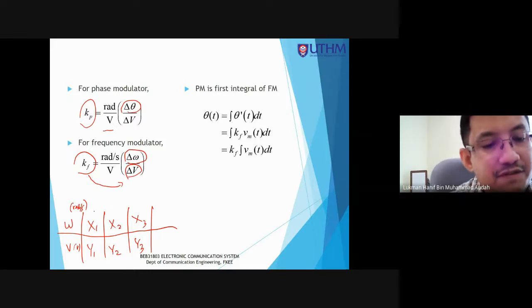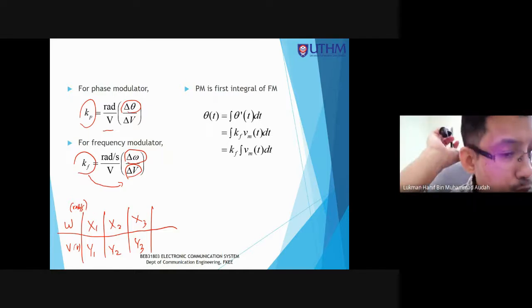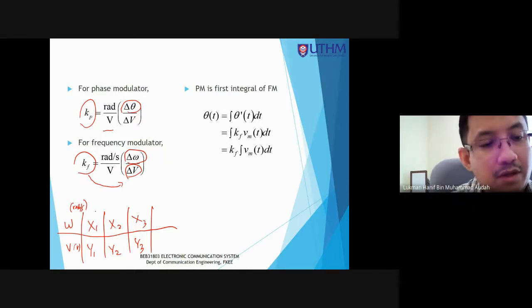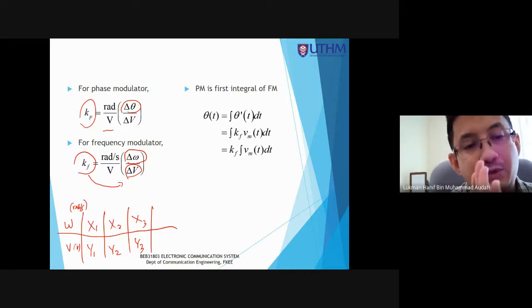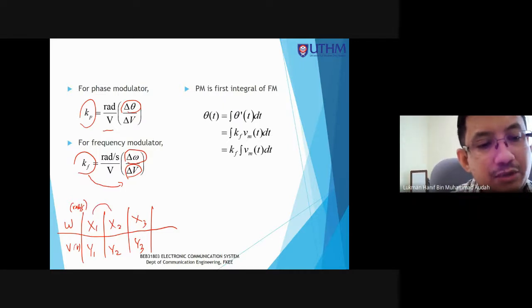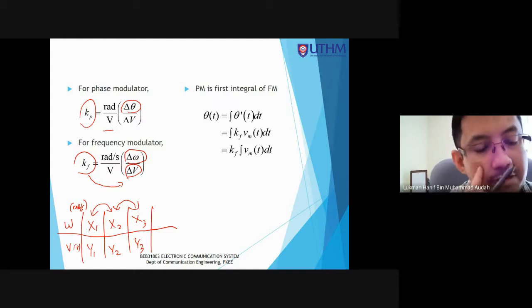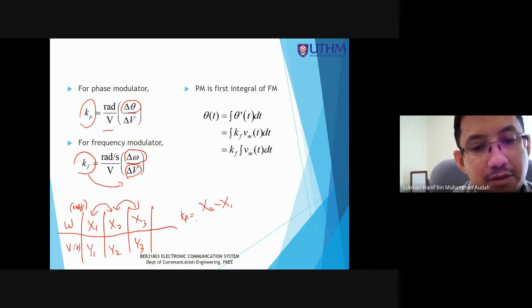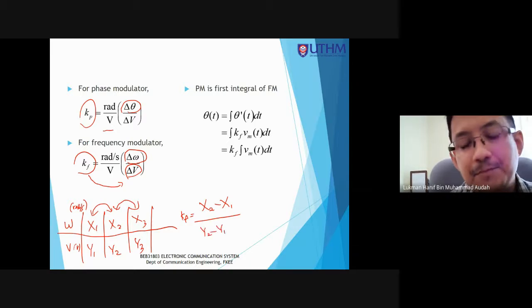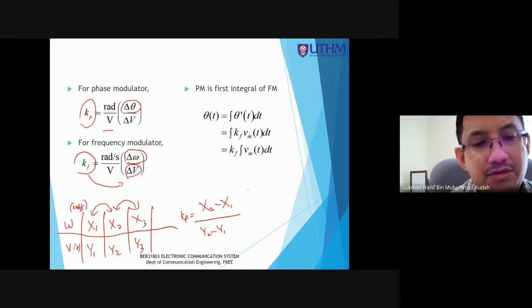That means you can find the difference between two consecutive values. Kita boleh cari perbezaan antara dua value yang bersebelahan, sama ada x1 dan x2 ataupun x2 dan x3. For example, we can find Kf equal to x2 minus x1 divided by y2 minus y1, and we will get this as a radian.